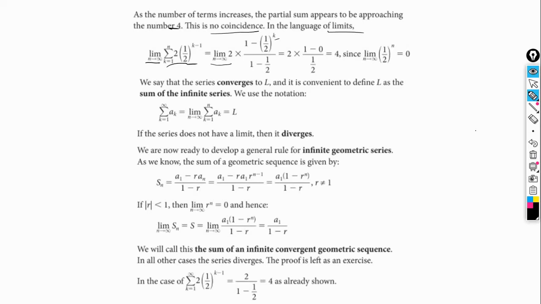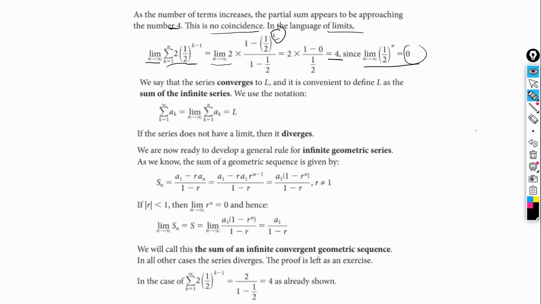Now, what happens as k tends to infinity for 1/2? Well, that means that we would be dividing 1 by an ever larger number. If you divide 1 by very large numbers, you get closer and closer to 0, which is what we see here. The limit as n approaches infinity of 1/2 to the power of n is 0. So if you do the math, you end up with 4.